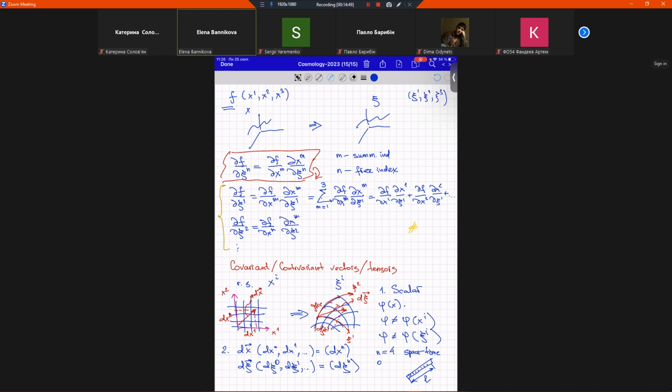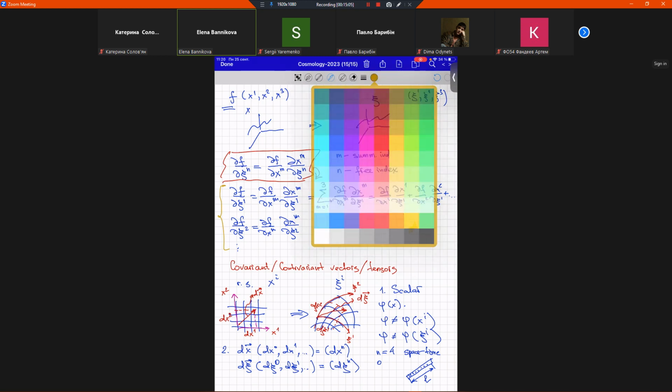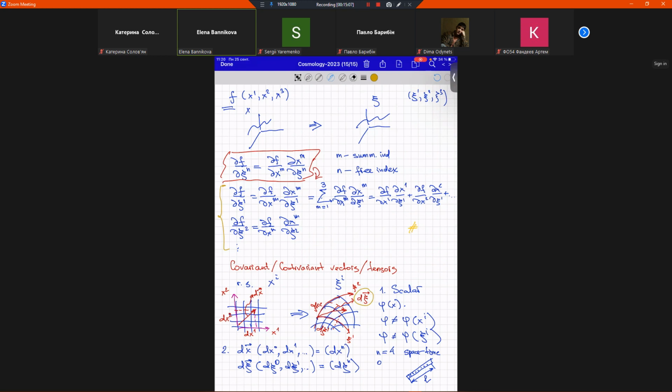So we want to understand how, and we want to find the transformation of the components of the vector dx in the new reference system relative to the previous reference system.